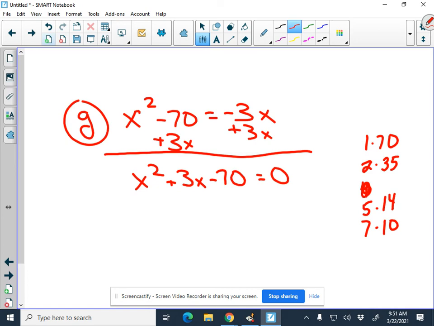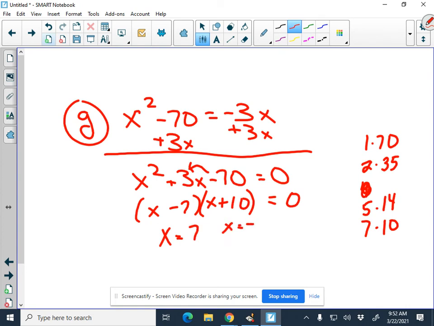So which ones subtract to 3? So which one do we want negative? 7. Good. So x equals 7, x equals negative 10.